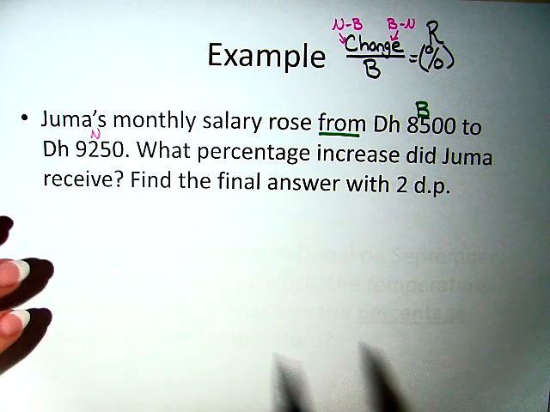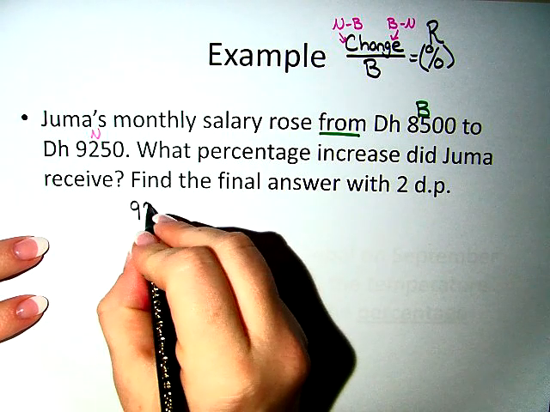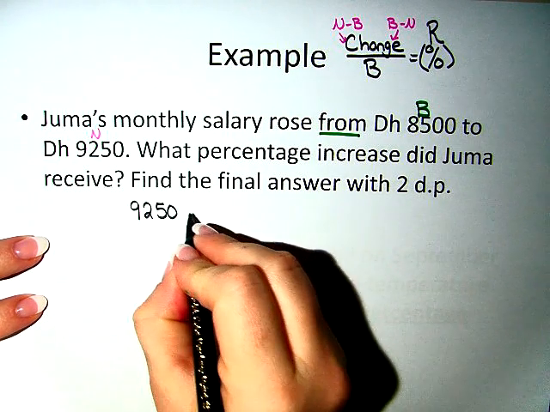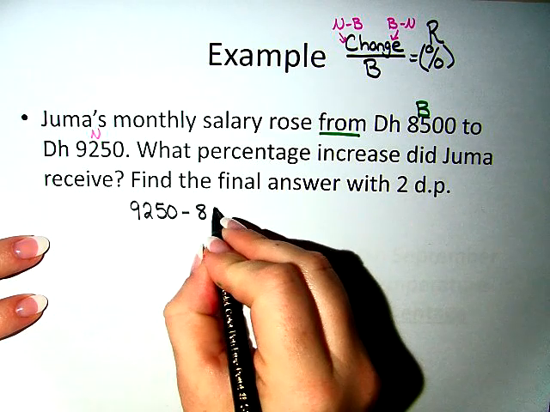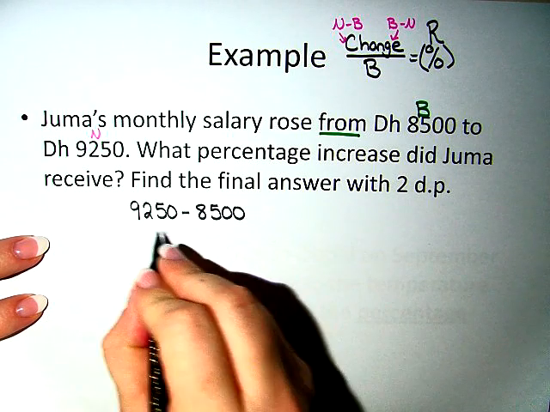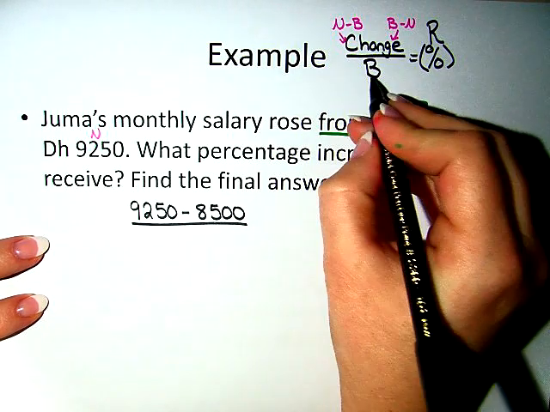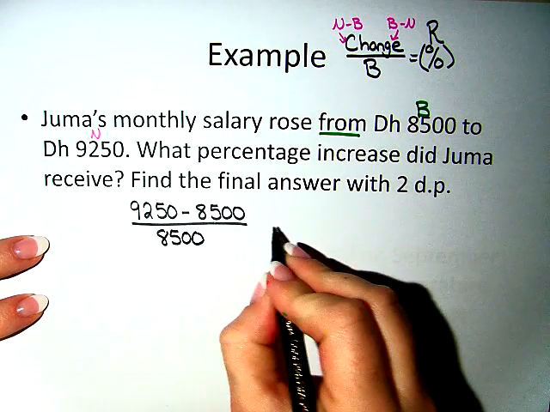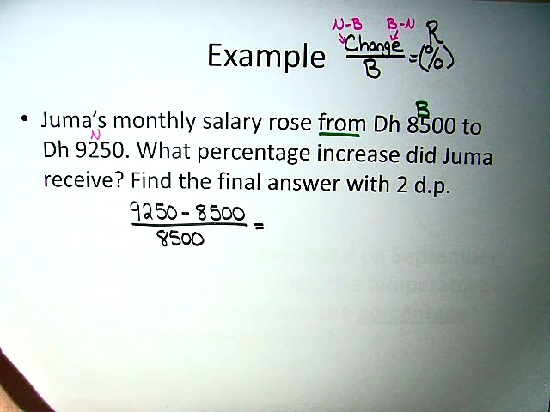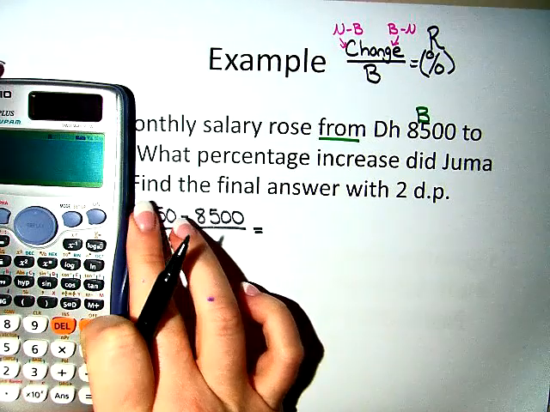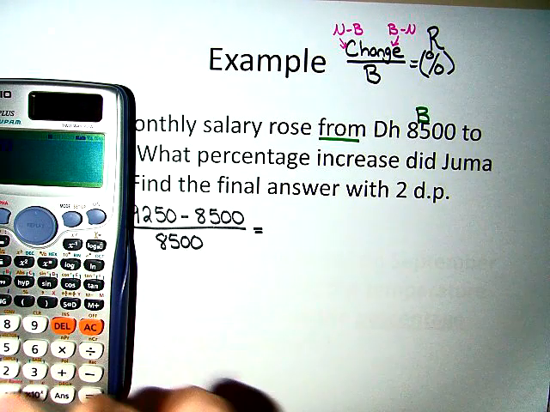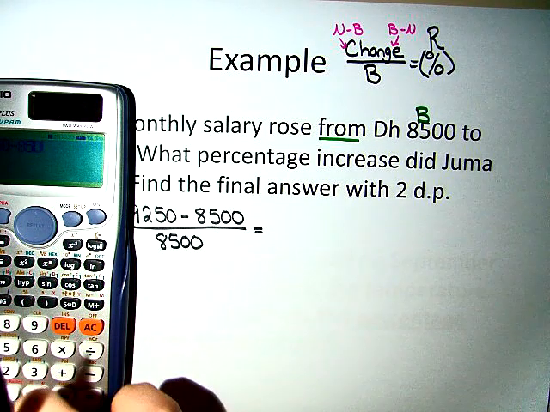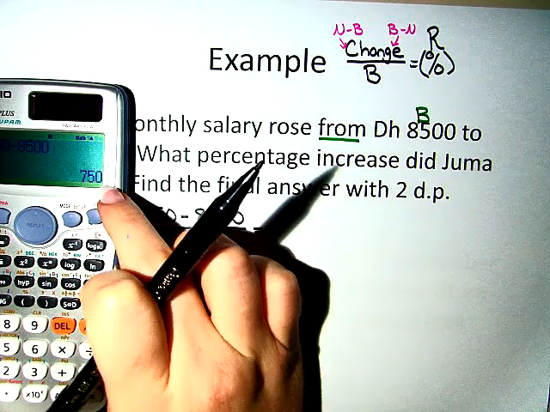So we're going to say 9250 minus 8,500 divided by my base number, 8,500. And let's do that in the calculator and see what we get. So 9250 minus 8,500 is 750.